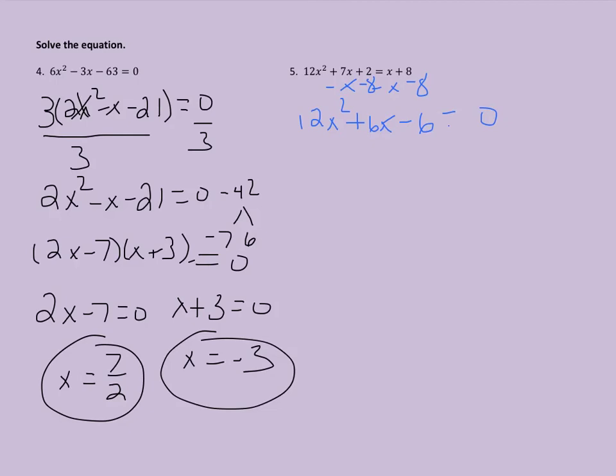So now, can I factor out a constant? Yes. I can divide everything by 6. And I would get 2x squared plus x minus 1 equals 0. Now you do a times c.